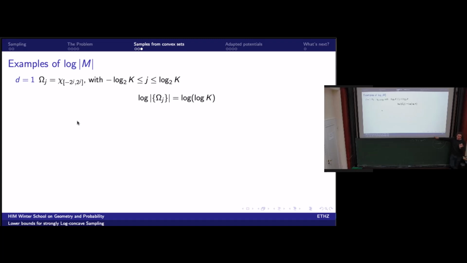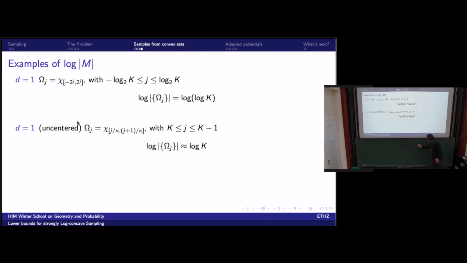Now, let me do a detour for a second and remove the hypothesis that our set is centered at the origin. Let's forget about that. If we forget about that, we get the uncentered case, where now I can consider not only the dyadic intervals from before, but literally disjoint intervals. How many literally disjoint intervals can I put? Well, each of them has size kappa to the minus 1, and they have to be all inside of a ball of radius kappa. I'm still keeping this property.